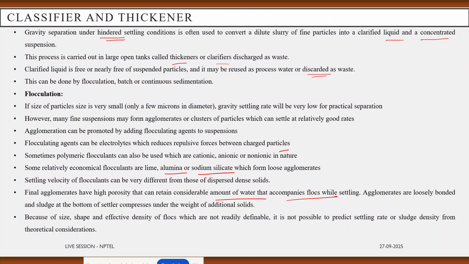Because of the size, shape and effective density of the floc, which are not readily definable, it is not possible to predict the settling rate and the sludge density from theoretical consideration. Now, design of the thickener is generally based on measurements of the settling rates, which are obtained from batch tests in the laboratory.